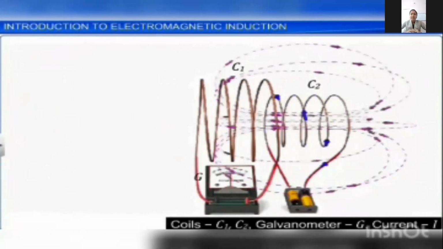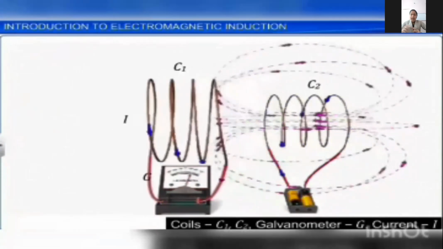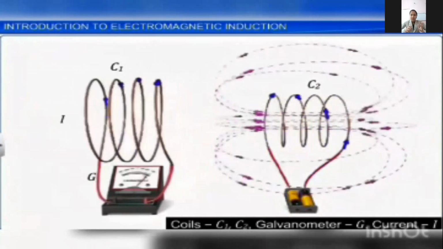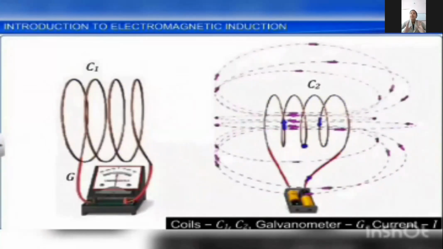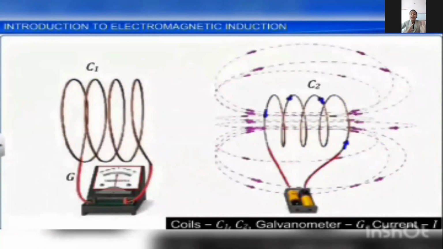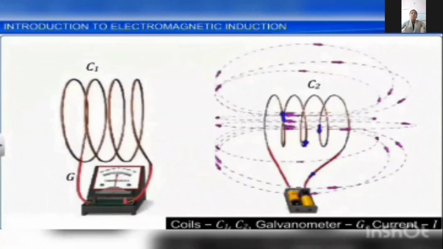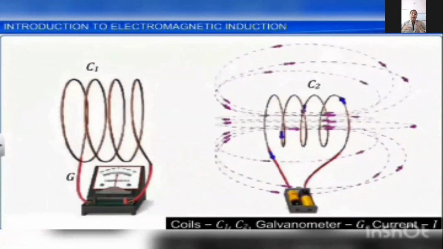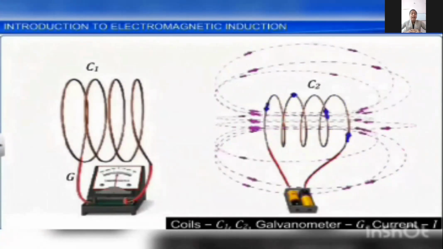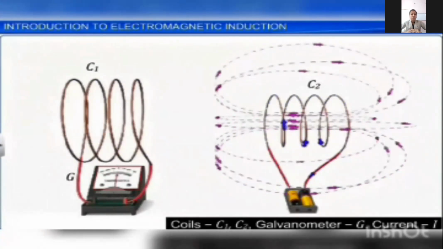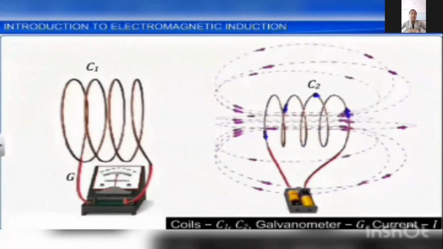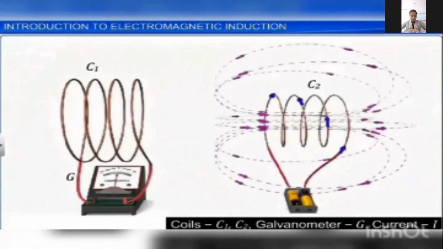So what we can infer is that as we move the coil towards or away, a deflection is seen in the galvanometer, which is due to the induced current in coil C1, induced by the magnetic field created by coil C2.